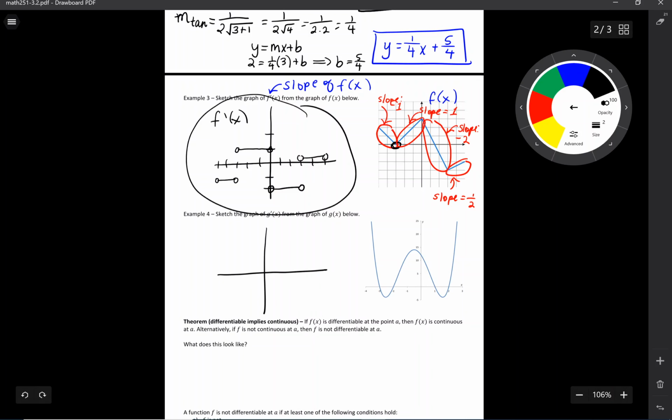So let's see, I have 1, 2, 3, 1, 2, 3, and then I have 5, 10, 15, all of these. All right, so the first thing I want to do is figure out where my slope is equal to 0. So if my slope is equal to 0 and I were to draw a tangent line, then that tangent line would be a horizontal line. So I want to try to find where my tangent lines are horizontal.